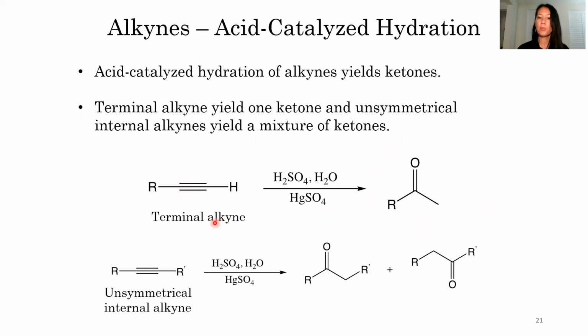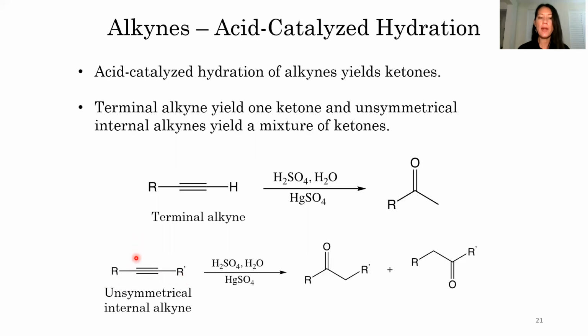So that's when you have a terminal alkyne. It's very clear you get this ketone with a methyl at the end. If you have an internal alkyne, and it's unsymmetrical, meaning the R's are different, you can end up with a mixture of ketones.